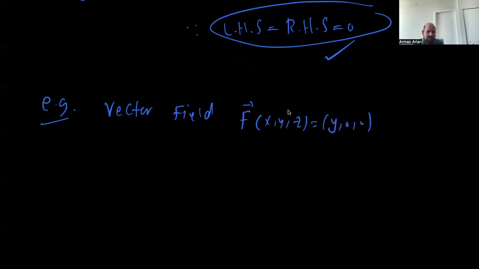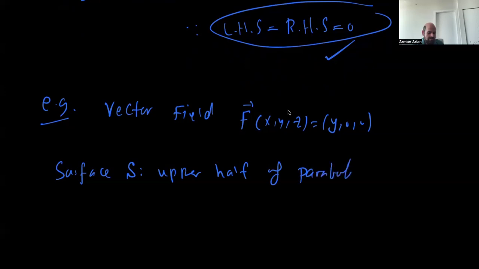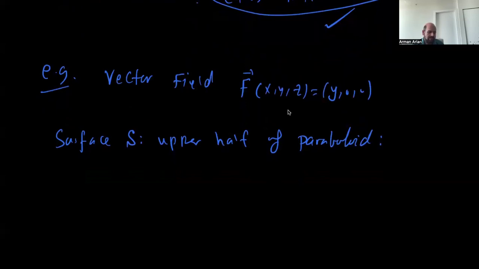And our surface S is the upper half of a paraboloid. So what's the equation of the paraboloid that you learned in Math 213? z equals 1 minus x squared minus y squared, with x squared plus y squared less than or equal to 1.